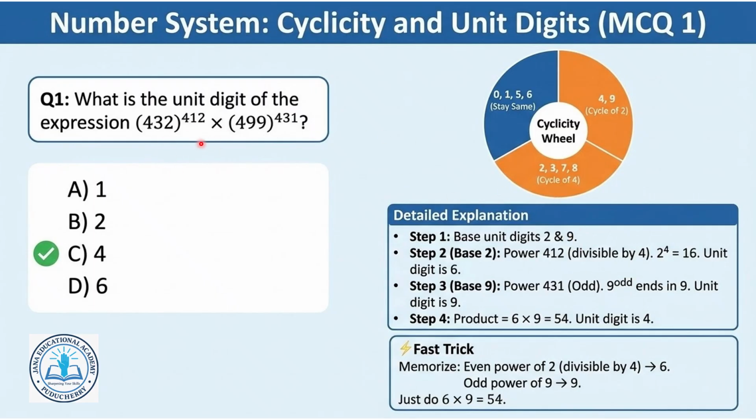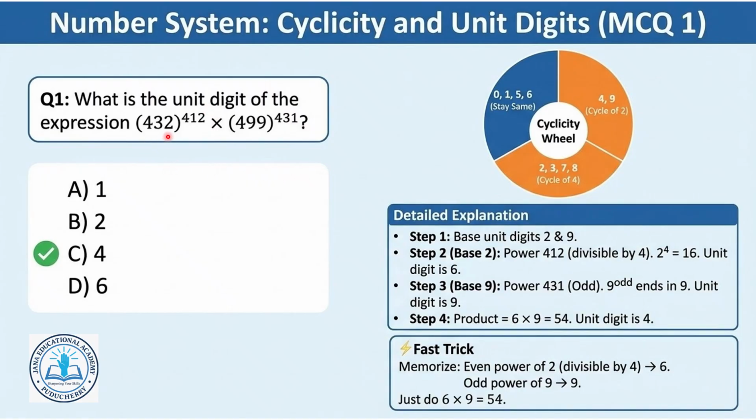Okay, let's come to the power side. Here the power is 412. This 412 is divisible by 4. So instead of 412, we can replace it by 4.